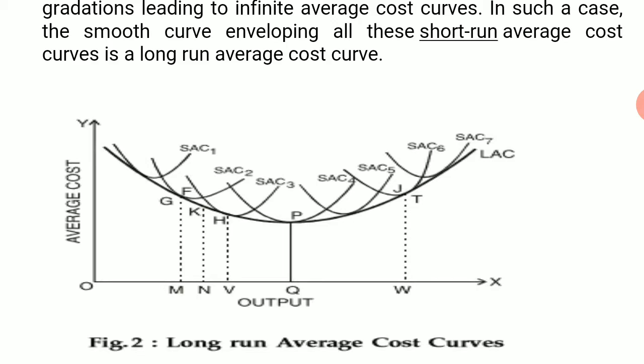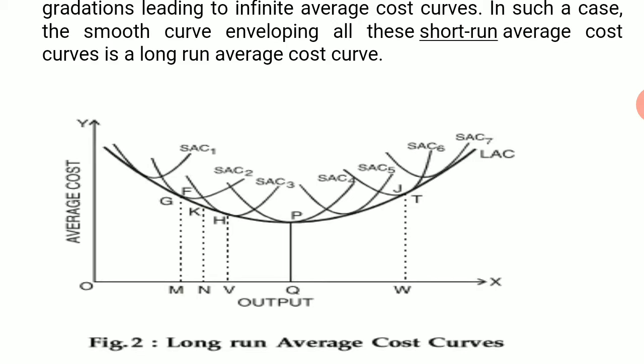As you can see in the figure above, the long run average cost curve is drawn tangentially to all SACs. In other words, every point on the long run average cost curve is a tangent point on some SAC. Hence, whenever a firm desires to produce a certain amount, it operates on the corresponding SAC.